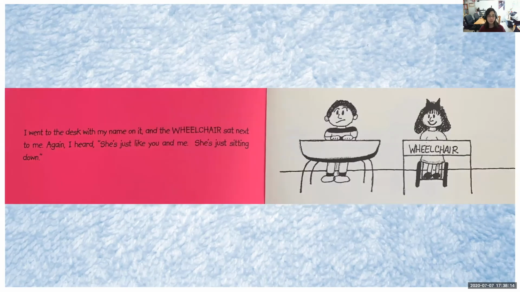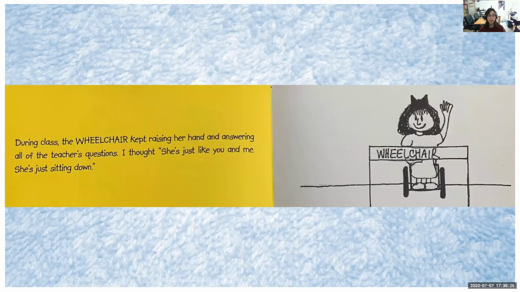I went to the desk with my name on it, and the wheelchair sat next to me. Again I heard, "She's just like you and me. She's just sitting down." During class, the wheelchair kept raising her hand and answering all of the teacher's questions. I thought, "She's just like you and me. She's just sitting down."